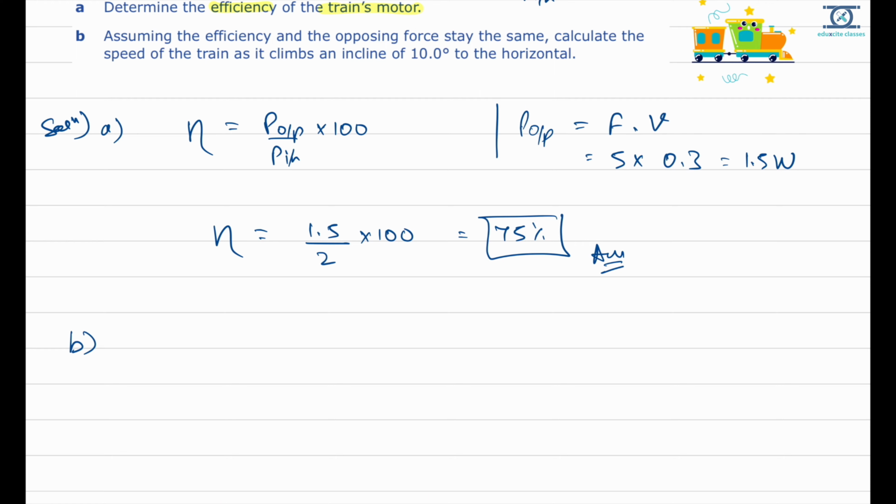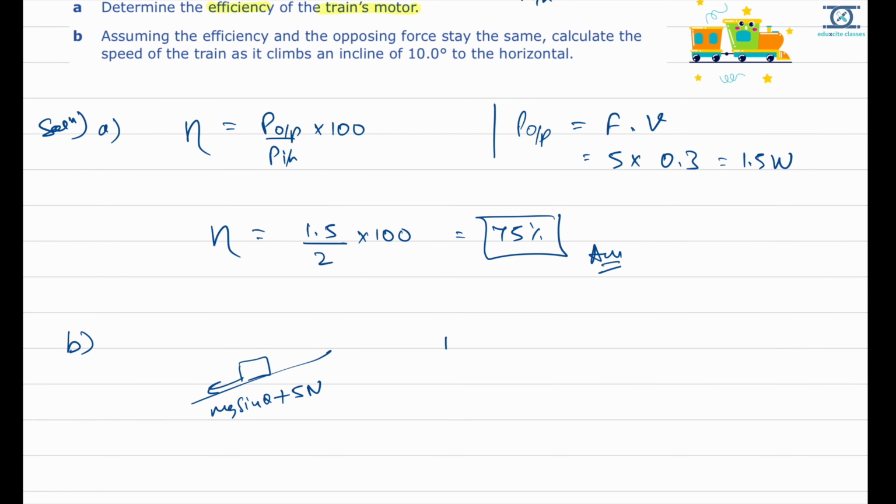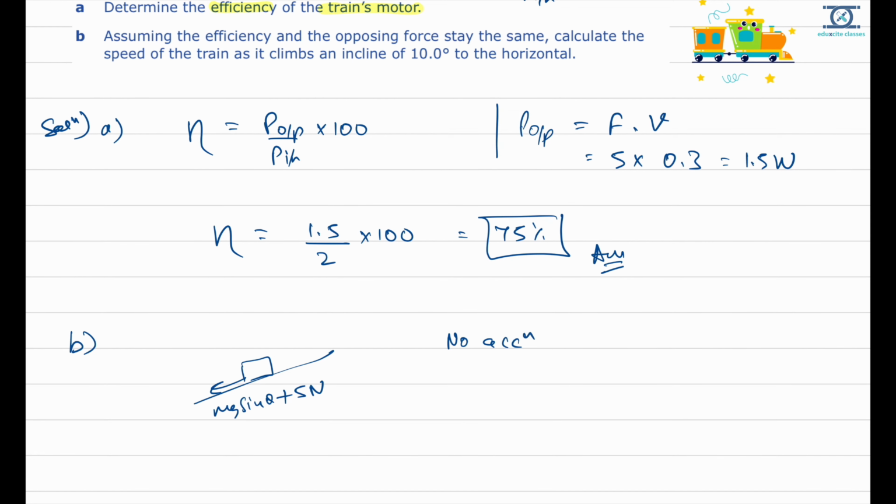Now we know that if it is moving up an inclined plane, let us say this is my toy train, there will be a component mg sine theta downward along with the opposing force, which is the same 5 Newton. So the total force, if there is no acceleration, because it is having the same efficiency, we can say that there is no acceleration, or you can say the constant speed.